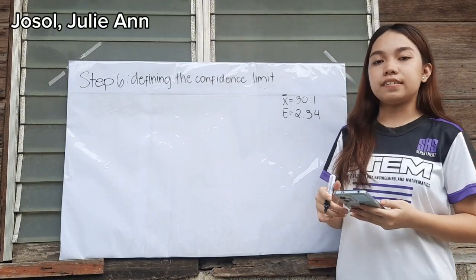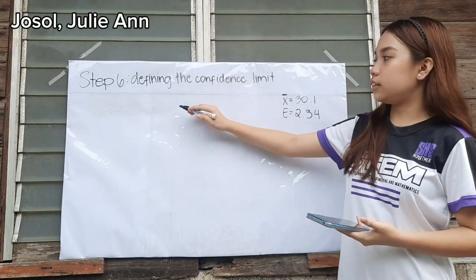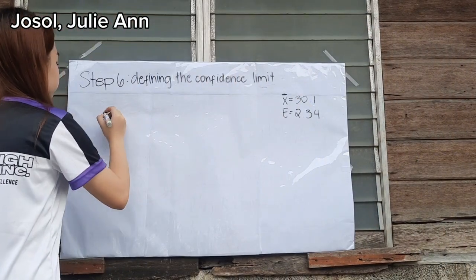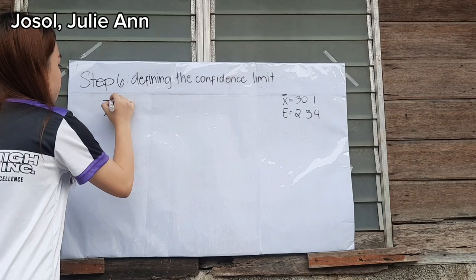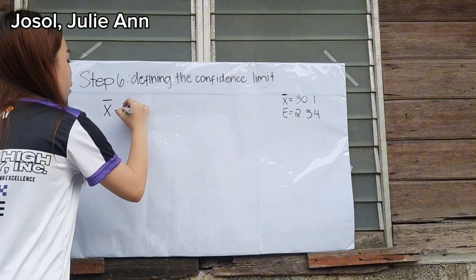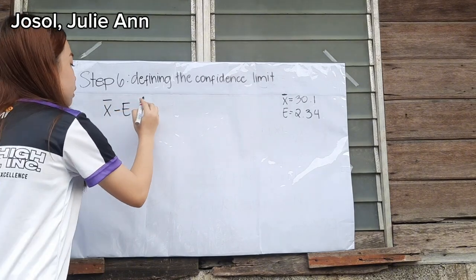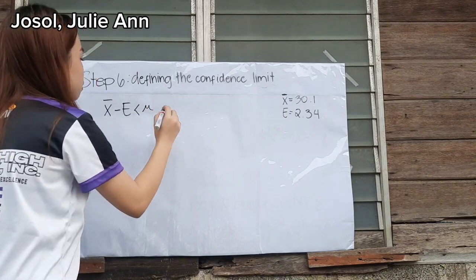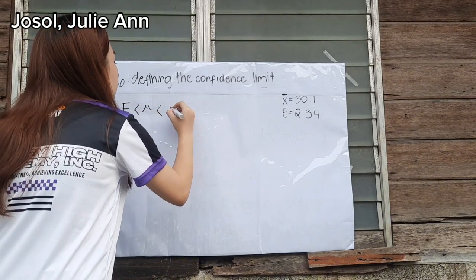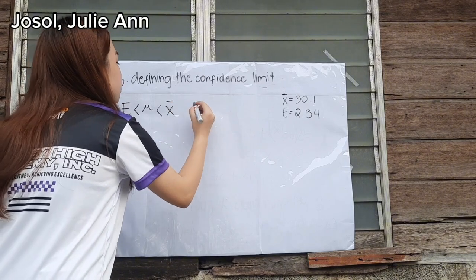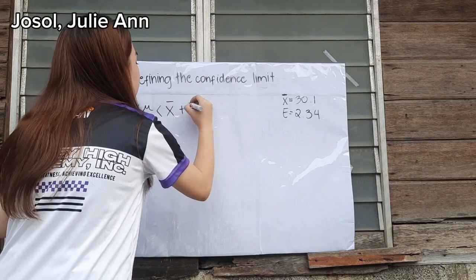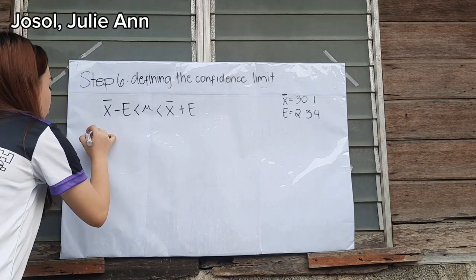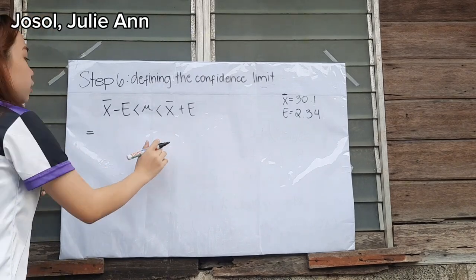In step number 6, we're going to define the confidence limit, but first we're going to write the formula. Sample mean minus margin of error, less than the population mean, less than the sample mean plus margin of error. And then we write using the formula.